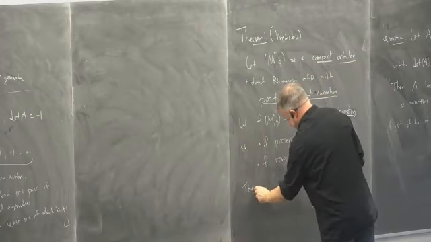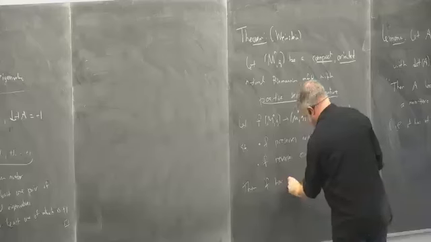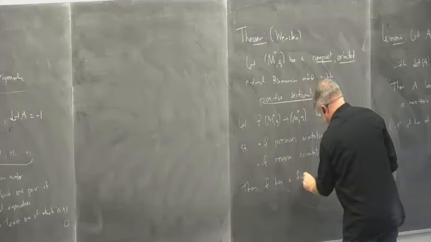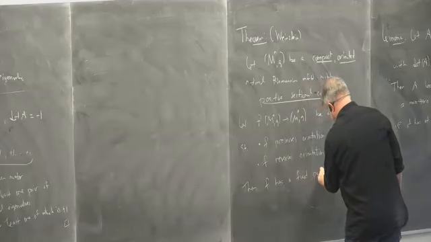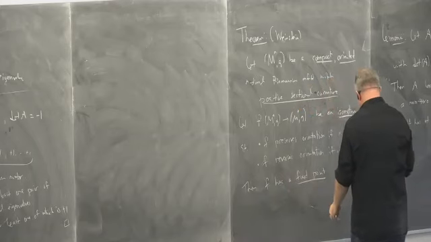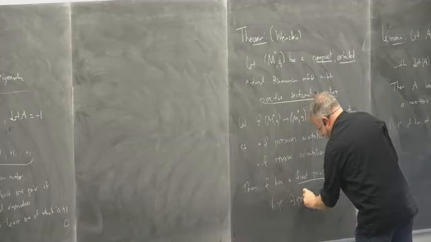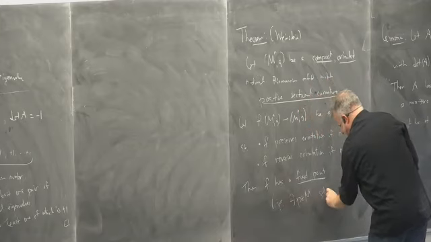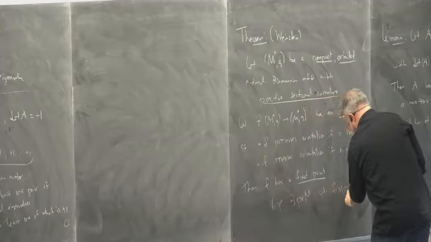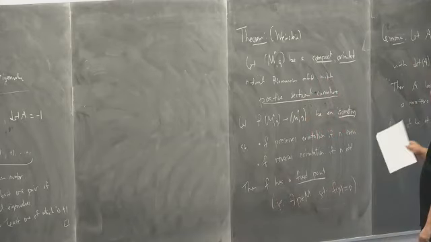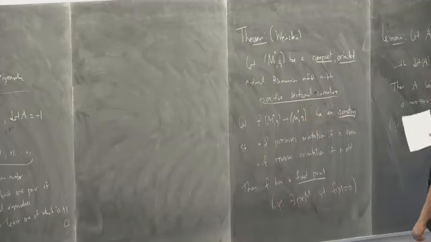Then F has a fixed point, i.e., there exists at least one point in M such that F of P equals P. This is what we want to prove for the rest of the lecture.